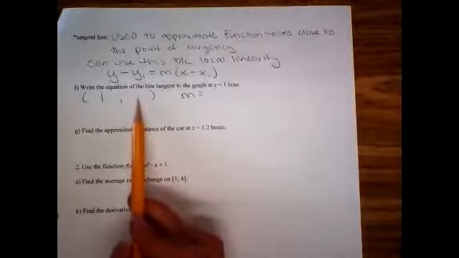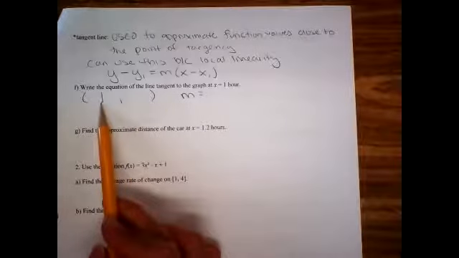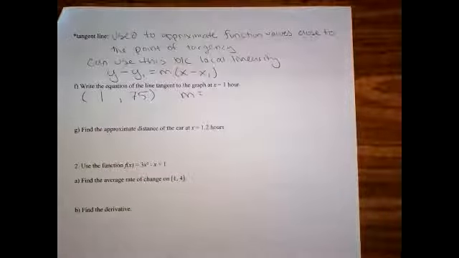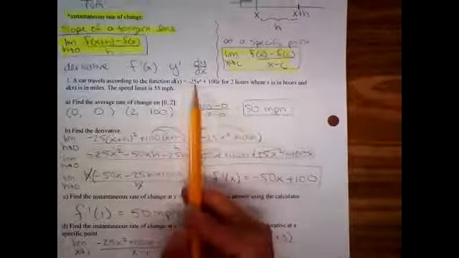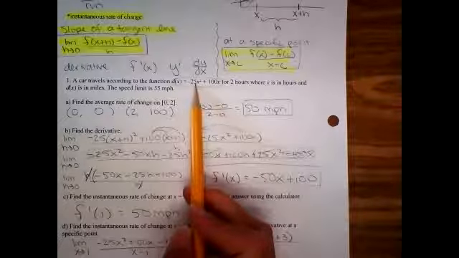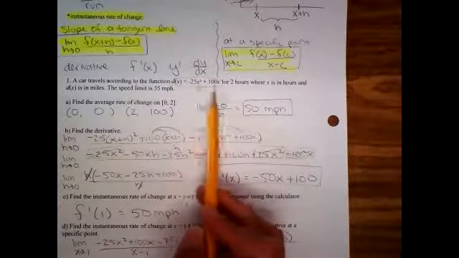Now, the way you get the y value is you plug in 1. I think we did that. It came out to 75, right? When we plugged 1 into the function, it was 75. Yeah, that would be negative 25 plus 100. So it would be 75.